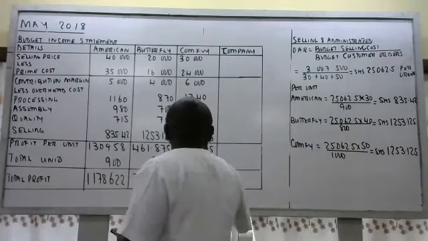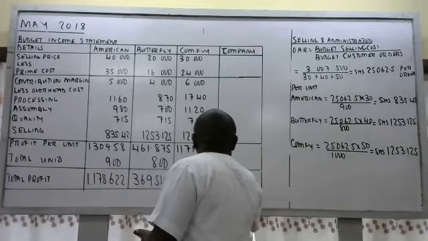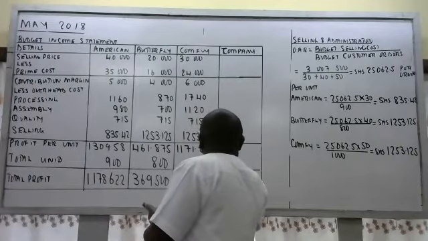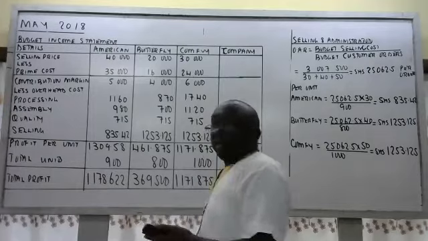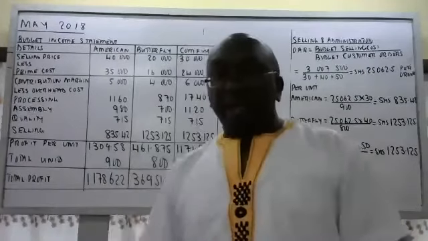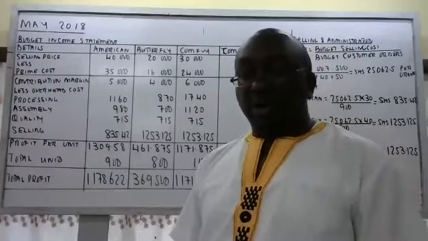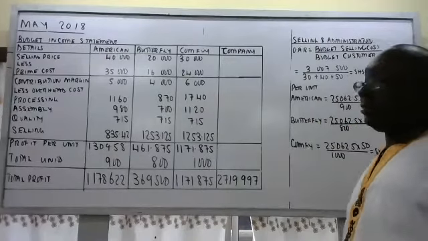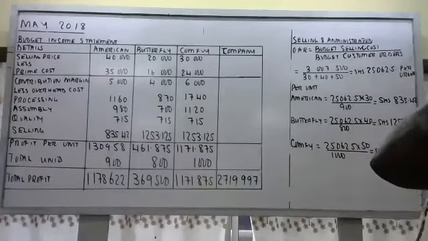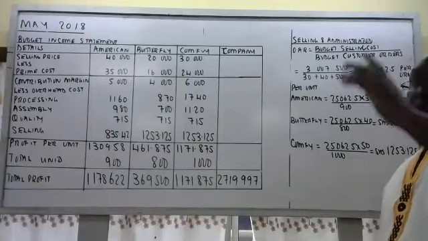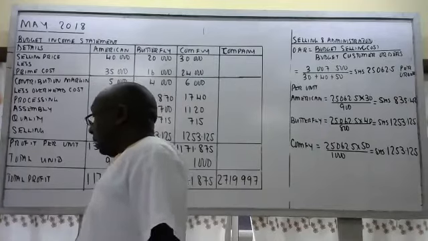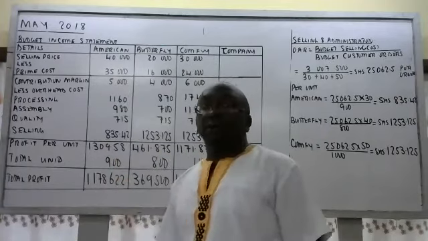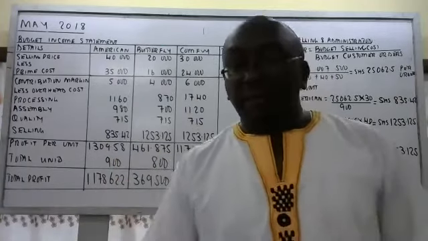Yeah, I can see 2,719,997. I can see June, Royce. So that is how you go about ABC.